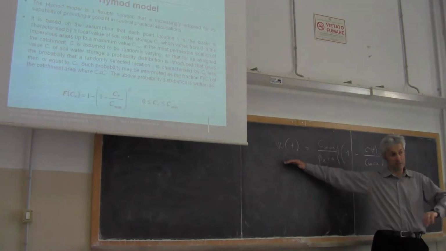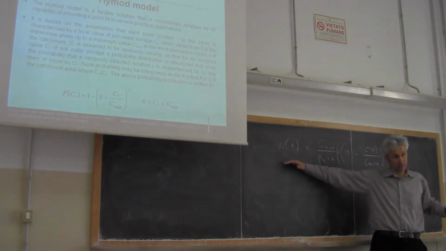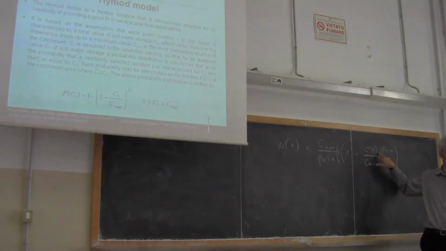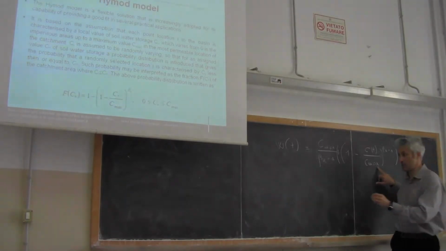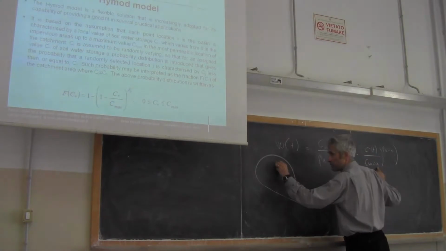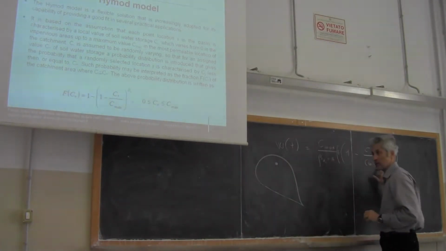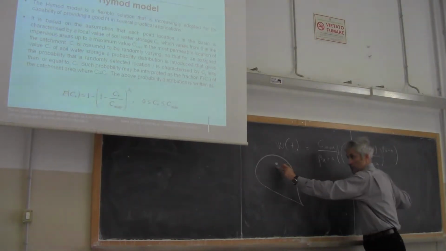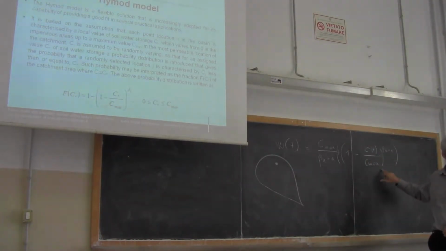Wt is the max storage over the catchment. Remember, when I talk about Ct, I talk about an individual location. When I talk about Cmax, I look into the catchment. In the catchment, there is one point where the storage is highest, and the storage at the highest point is Cmax.